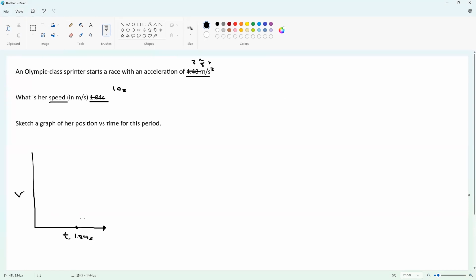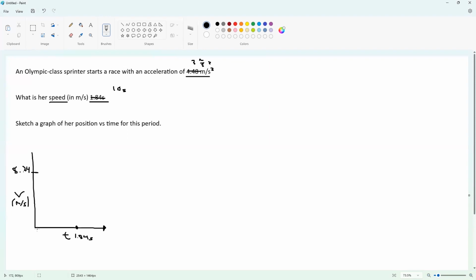So at 1.84 seconds, we have this point, and we're going to write down the number that we got. What was it, 8 point something? 8.243. Okay, so I'll do 8.24 meters per second.